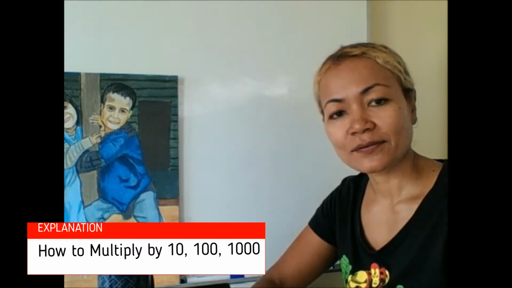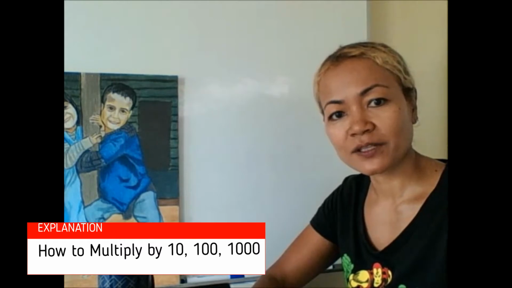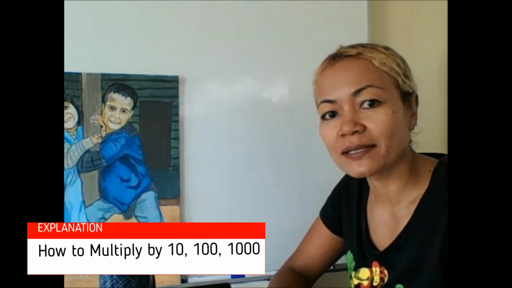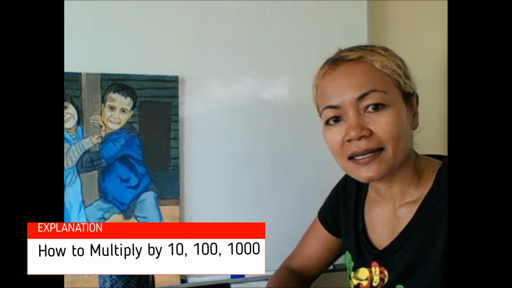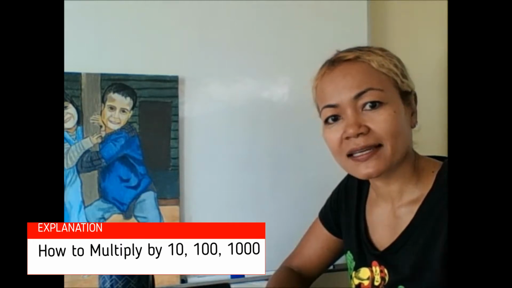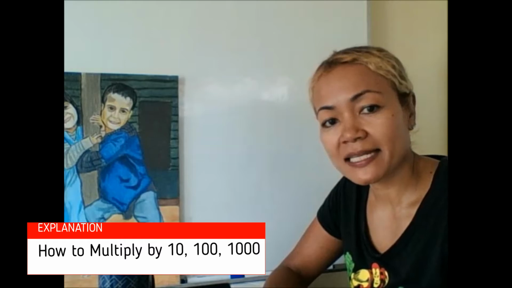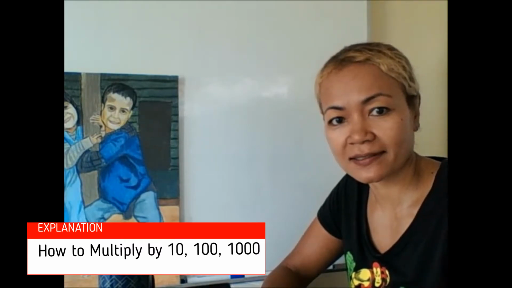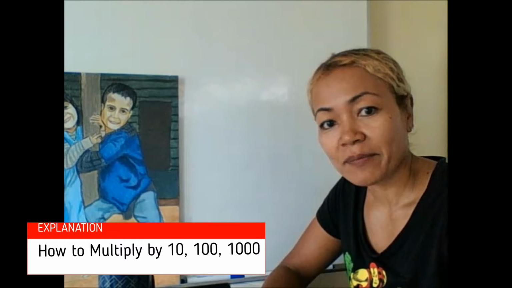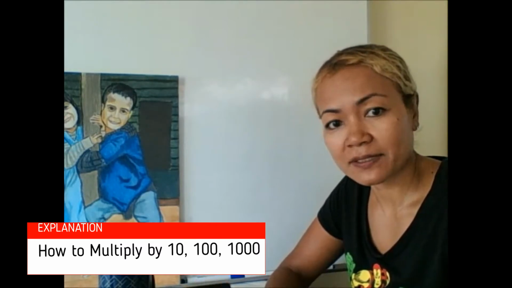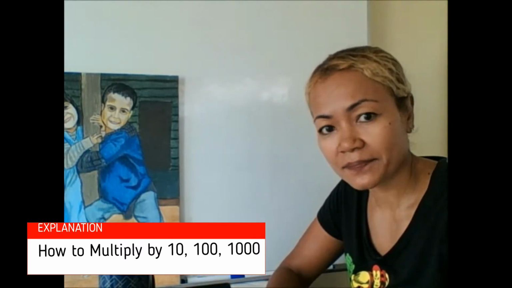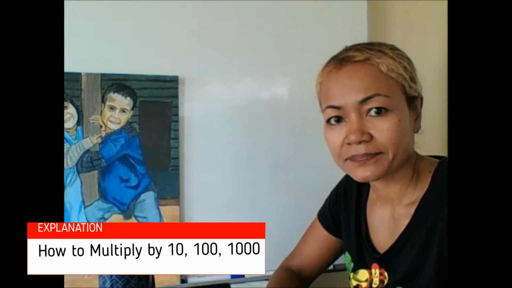Now the first thing that I want you to think about when we look at decimals and multiplication is multiplication by the number 10 or multiples of 10. And this is one of the magic things about 10 and multiples of 10 and its effect on numbers with different sorts of functions.